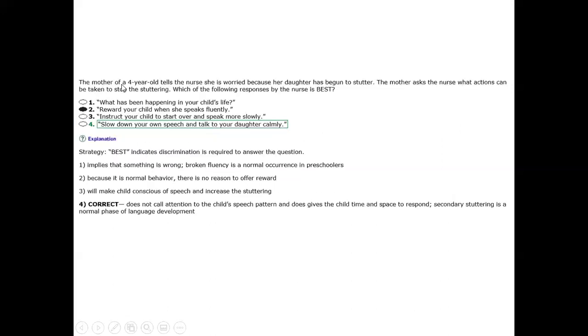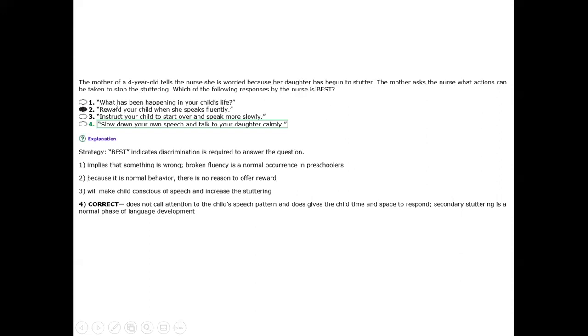A mother of a 4-year-old tells the nurse she is worried because her daughter has begun to stutter. The mother asks the nurse what action can be taken to stop the stuttering. Which of the following responses by the nurse is the best?